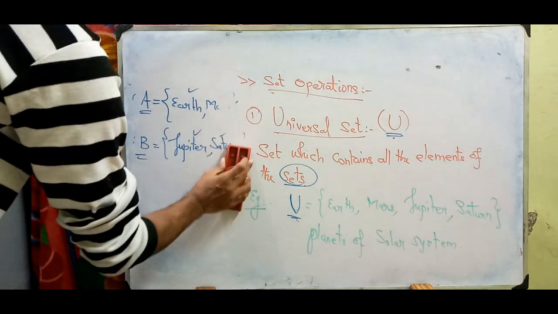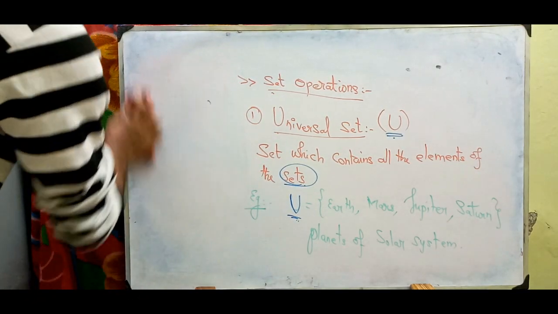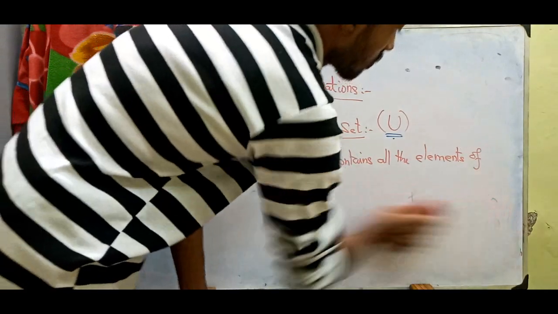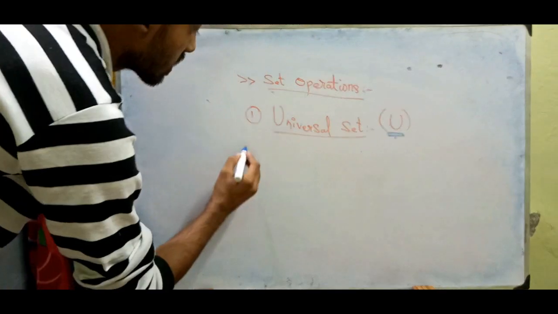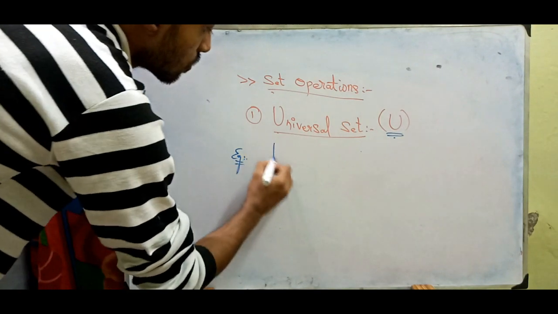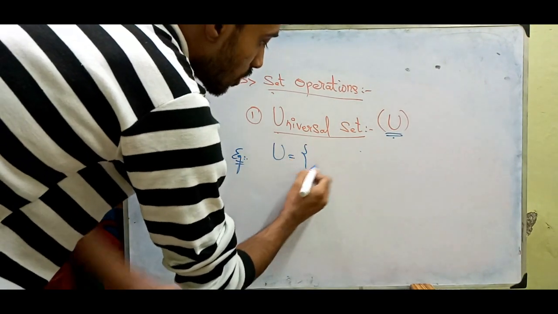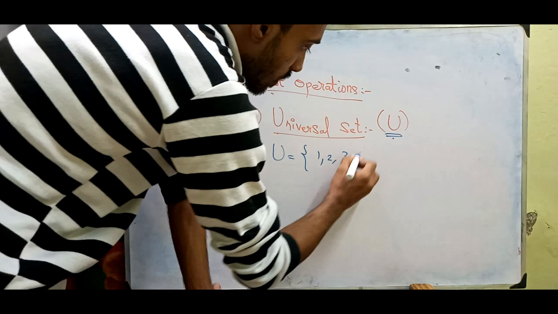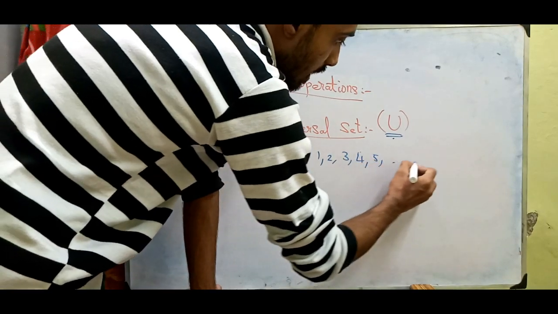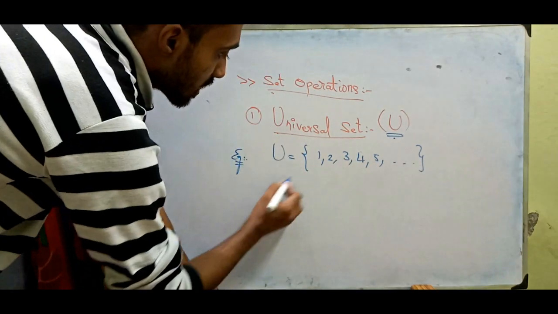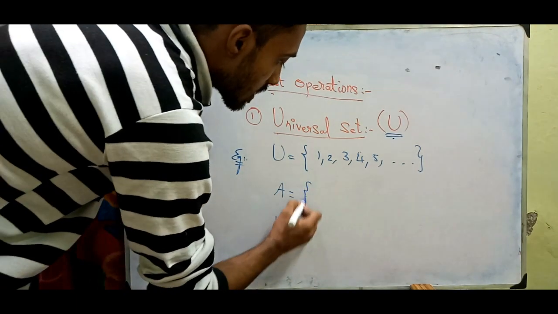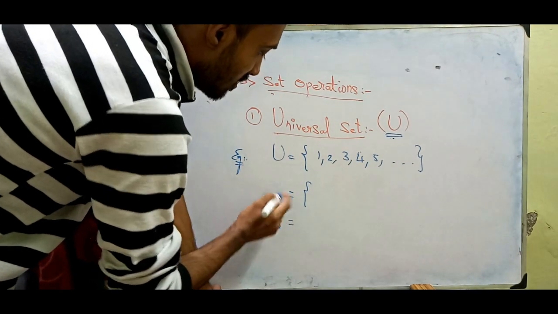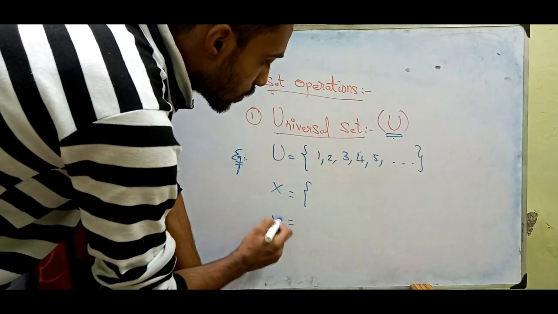So this is a small example. Another example can also be written. See, I write another example. So I call it U is equal to the set of all natural numbers starting from 1, 2, 3, 4, 5 and so on. But if I consider this with sets, set X and set Y, you can take X, Y, P, Q, whatever you want.